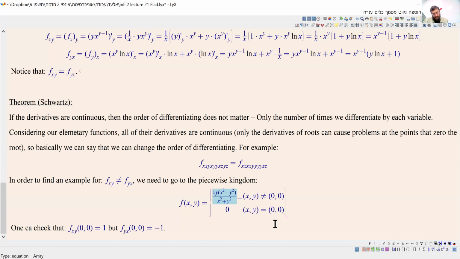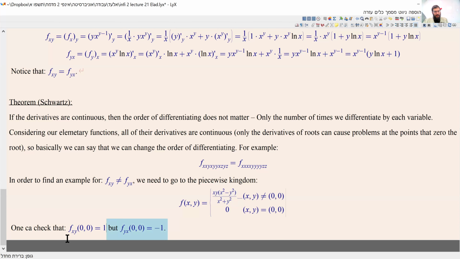Then do the same for fy, and then for fy we derive by x, for fx we derive by y. We get different results. As far as I remember, I mentioned this example in the morning lecture for the Hebrew students, but just as here, I didn't prove it, just told it from memory. So hopefully it is what it is.